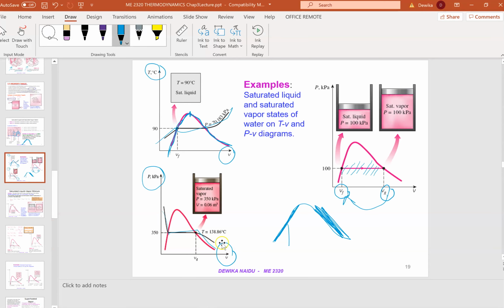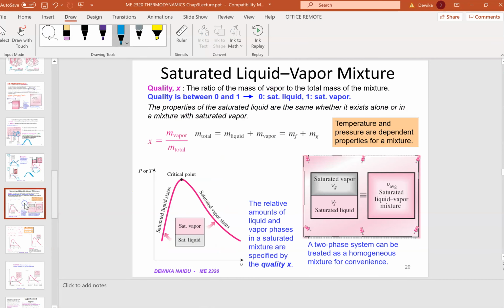Now we're going to move on to the next one: saturated liquid-vapor mixture. Where is the region? It's right in the middle here. When it's in the saturated liquid-vapor region, of course you have a percentage. The percentage is represented by quality x. What is quality x?